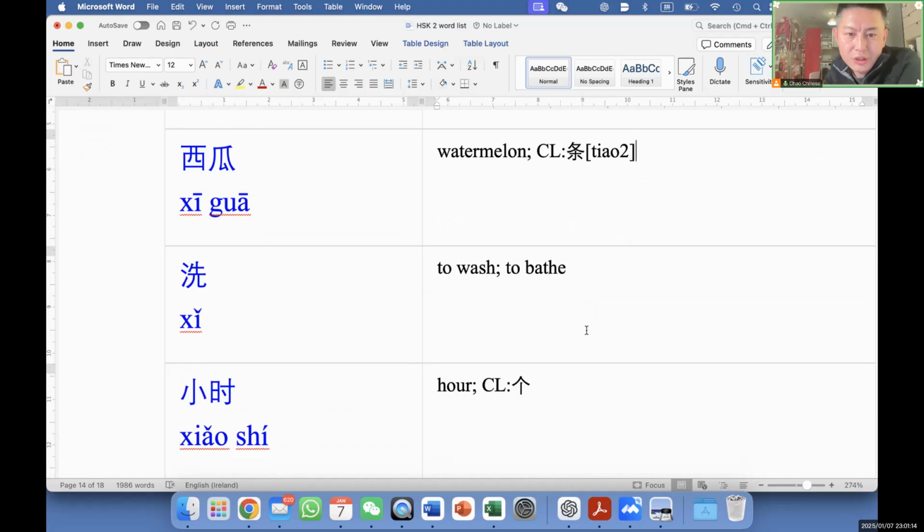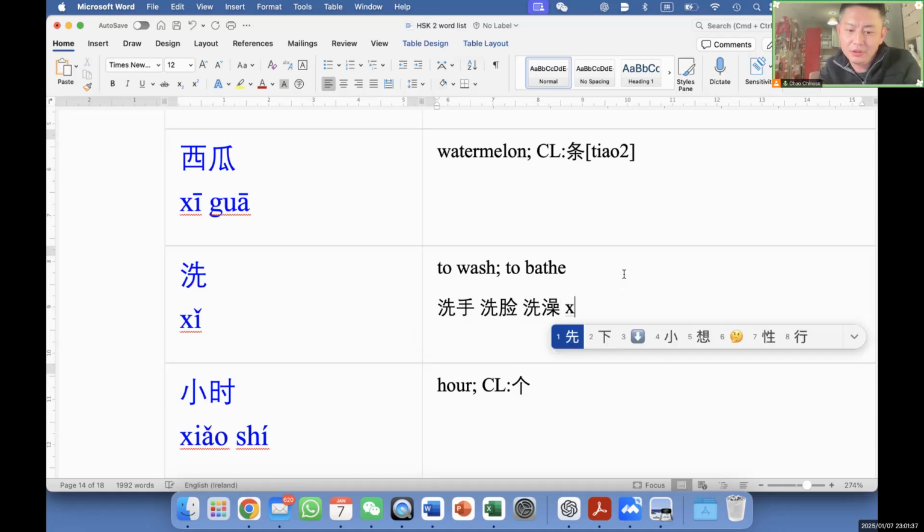洗 is to wash. You can 洗手, wash your hand, prevent diseases, COVID. 洗脸, wash your face. 洗澡, take a shower, 澡 means have a bath. 洗脚, or wash your feet.